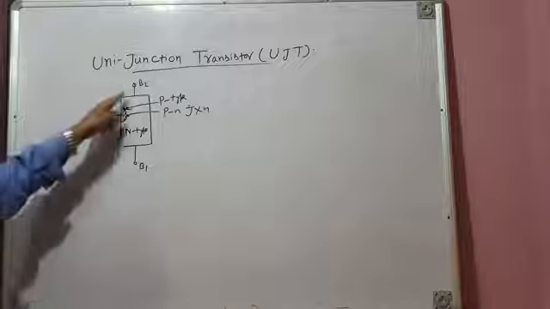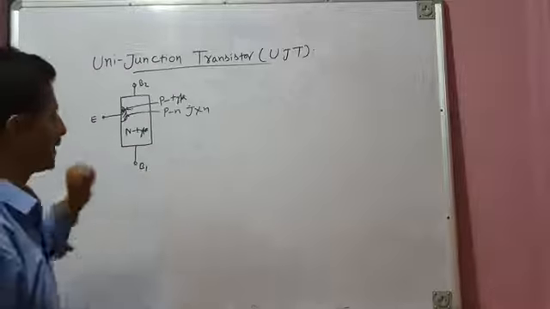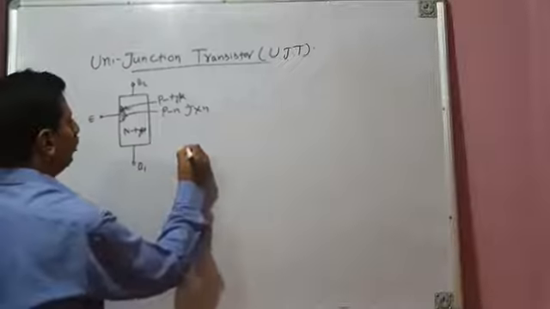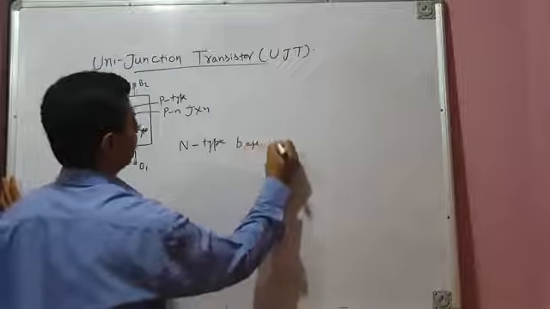In its simple form, a UJT comprises an N-type base, which is a lightly doped base.